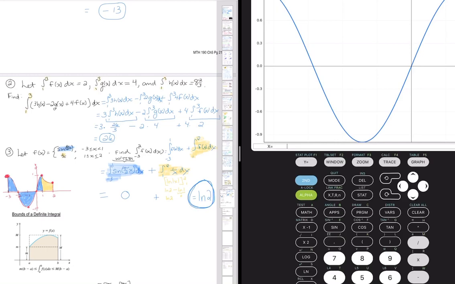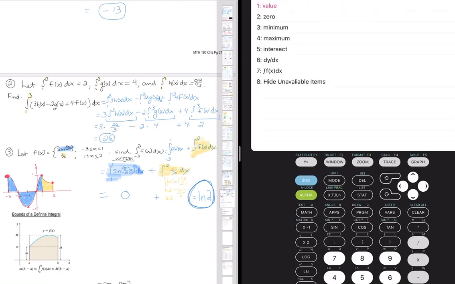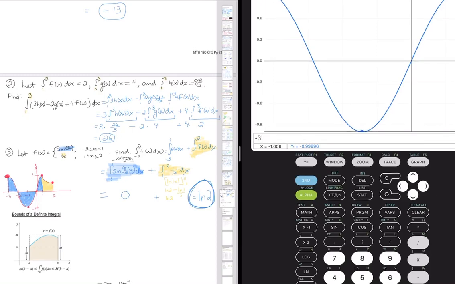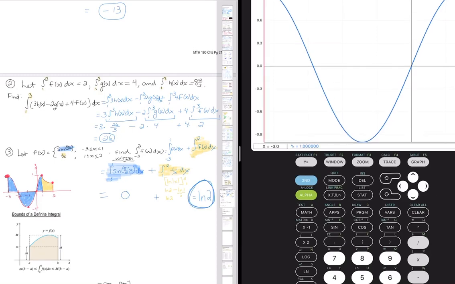Remember, the other way that you can evaluate a definite integral in your graphing calculator, once you're looking at the graph, is to go to second trace, which is the calculate menu, and you can go to number 7, which is the integral. Then it says left bound question mark, and you would enter -3 and hit enter, and then right bound question mark, we would enter 1 and hit enter.